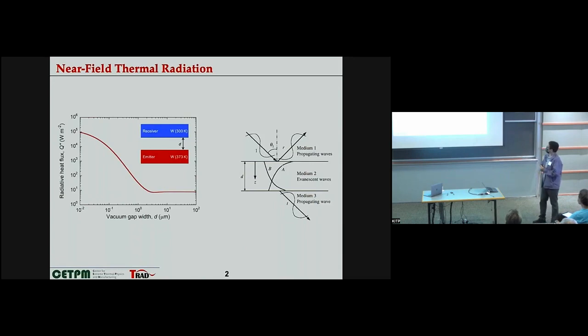That is due to the photon tunneling of the evanescent wave, and that will enhance the heat transfer to exceed the black body radiation limit governed in the far field limit. So we are trying to utilize the enhanced near field heat transfer in very small vacuum gap distances between two surfaces and use it for energy conversion devices. And this is a very brief introduction of near field thermal radiation.